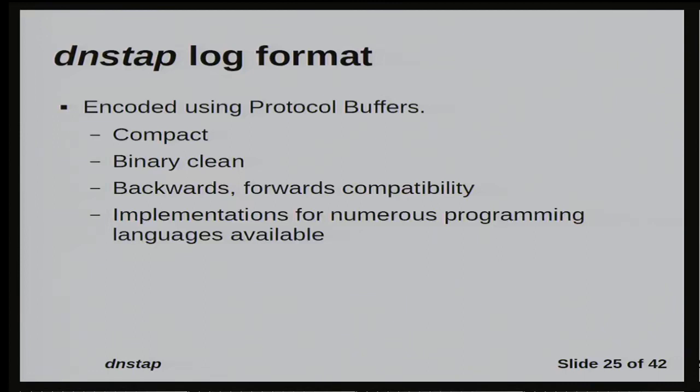It allows binary clean fields to be encoded, so we can put the DNS messages verbatim into a protocol buffer message, and it has explicit support for backwards and forwards compatibility, so we can add new types of dnstap logging events without requiring upgrades to all the deployed software.